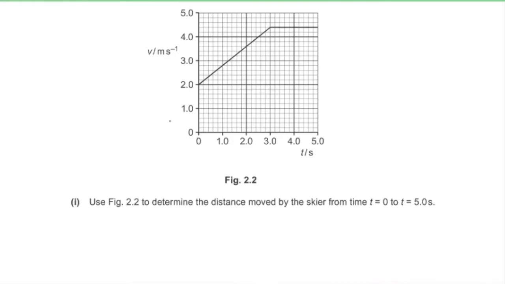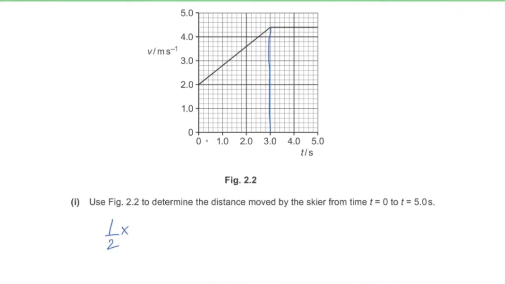So this can be calculated by finding the area under the graph within this time interval from t equals 0 to t equals 5 seconds. Let's divide the figure into a trapezium from t equals 0 to t equals 3 seconds and a rectangle from t equals 3 seconds to t equals 5 seconds. Area of this trapezium is going to be half into height into sum of parallel sides.